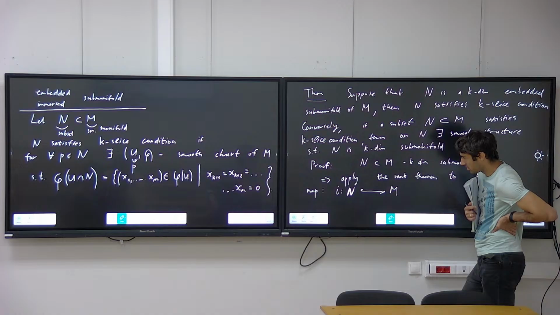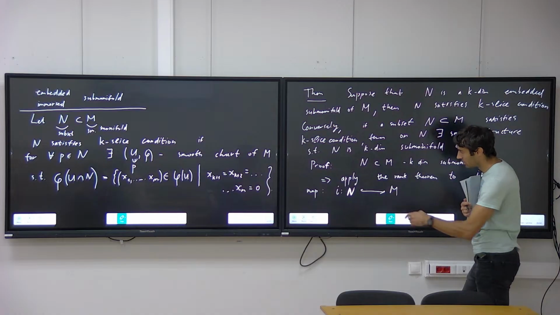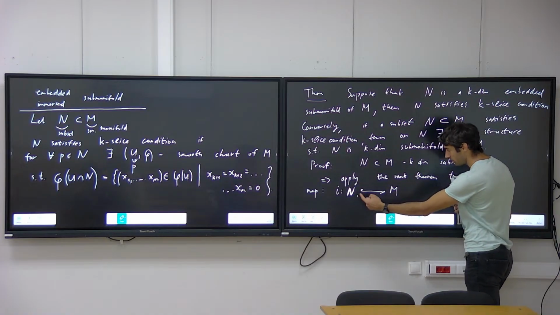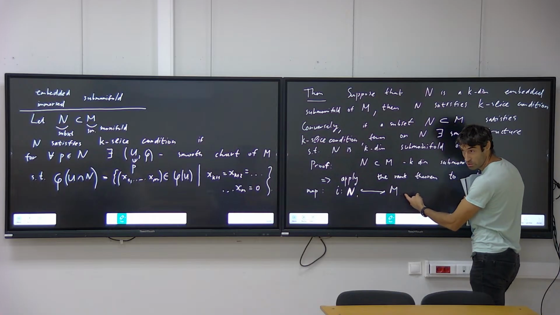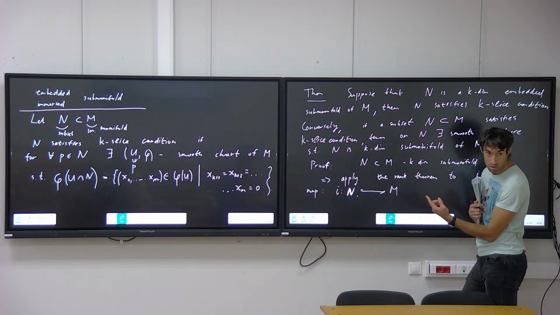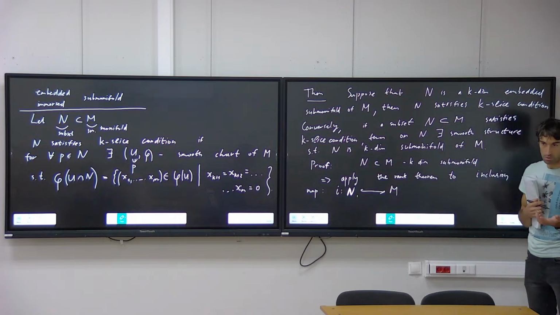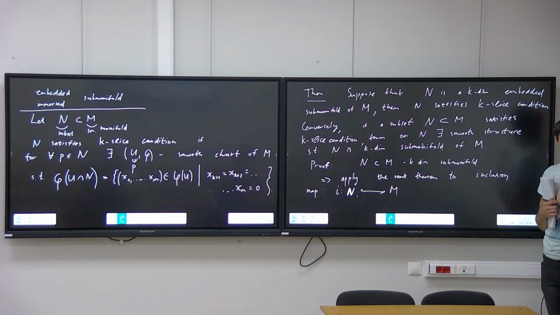It takes each tangent space of N at each point p into the tangent space of M, so it should be of full rank at each point. So it's of constant rank, which is the dimension of N, which is k. Then you just apply the rank theorem, which is technical. That's where I hide all the details, as this is only about multi-dimensional calculus, so let's not talk about this.